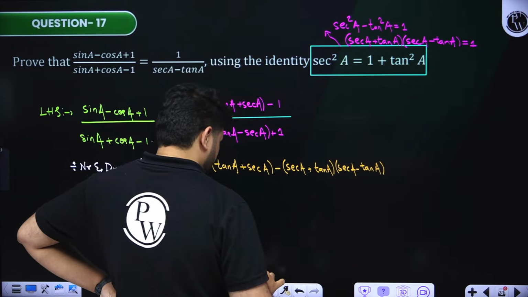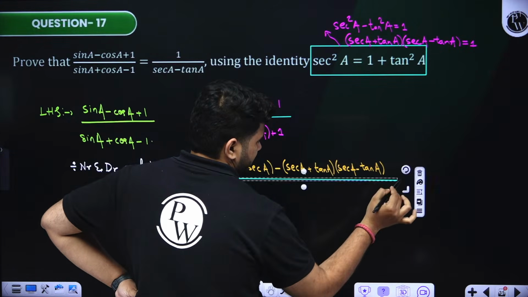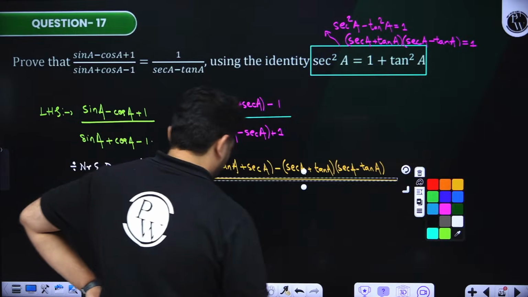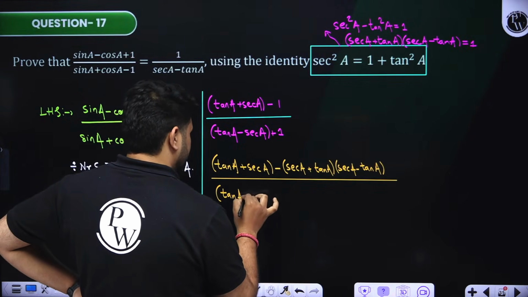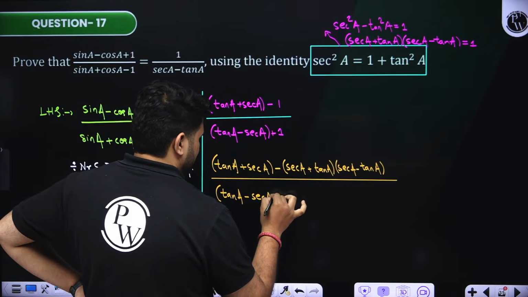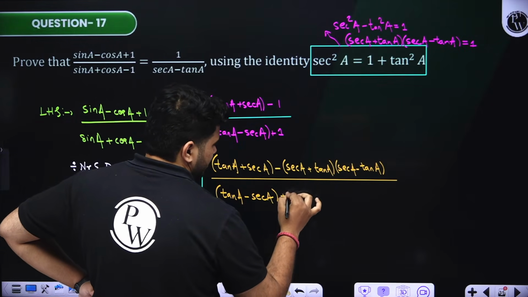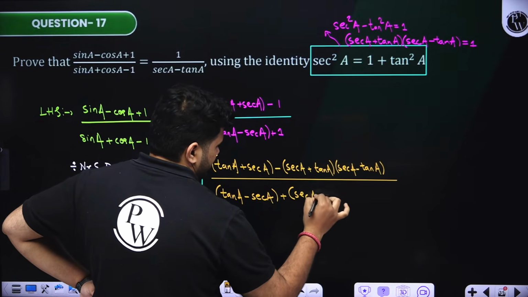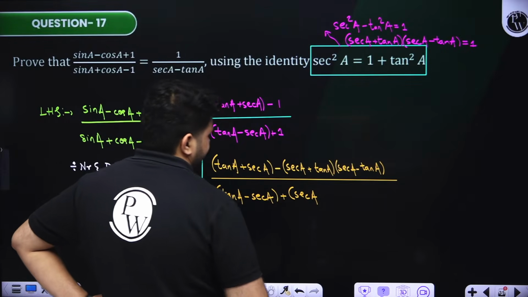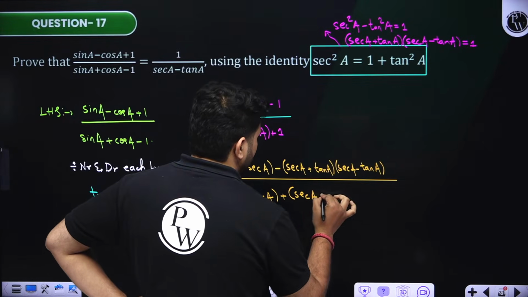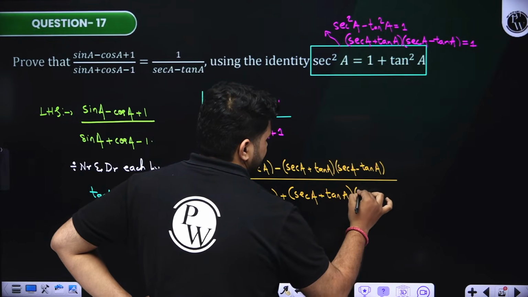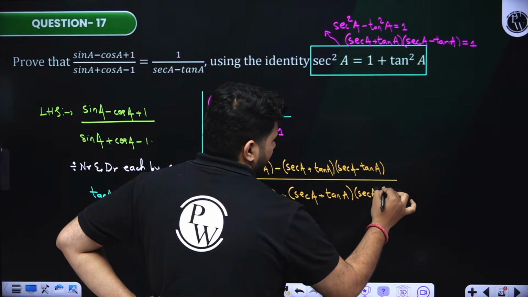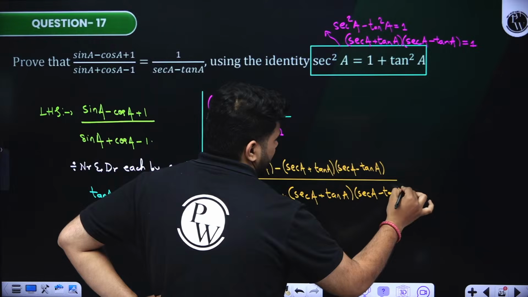And this whole divided by tan A minus secant A plus, again the same thing I'll substitute over here, secant A plus tan A multiplied by secant A minus tan A, correct? Can we write it this way in one value? Yes or no?